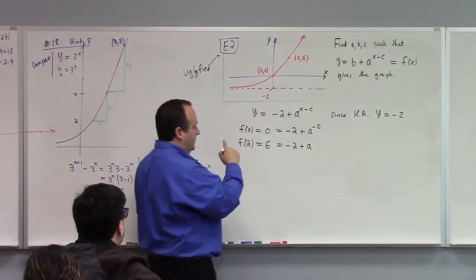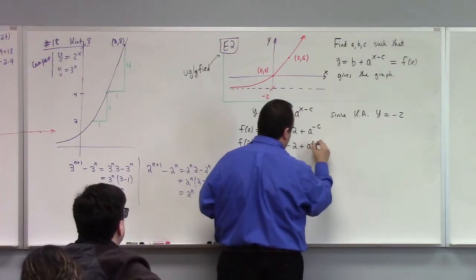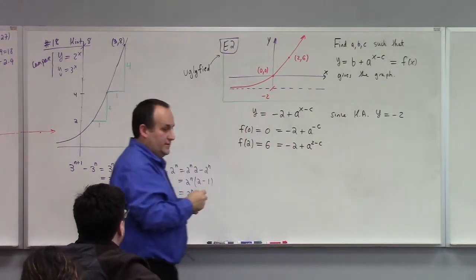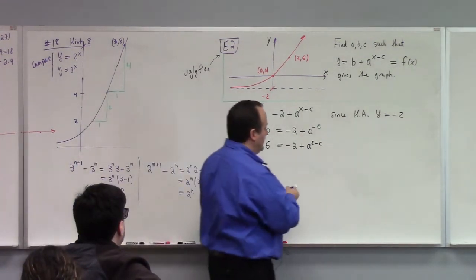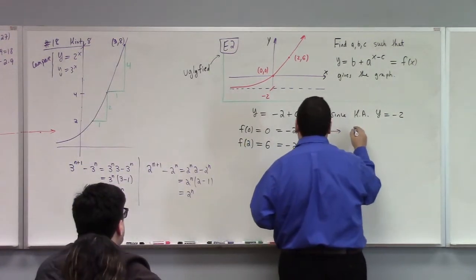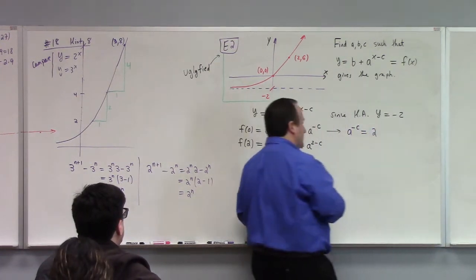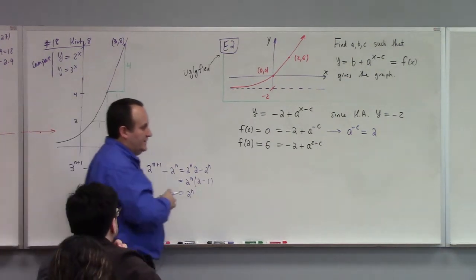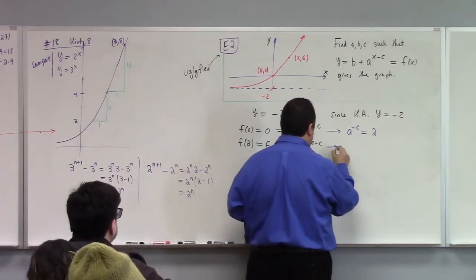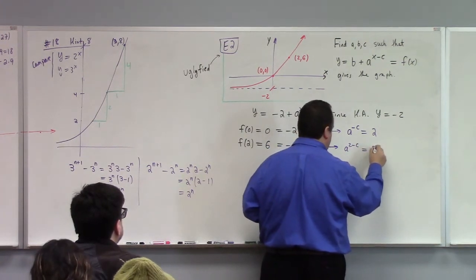Not minus c, but 2 minus c, right? So this is something different that we're facing here. This equation gives us that a to the minus c is equal to 2. All right, and then the other one gives us that a to the 2 minus c is equal to 8.